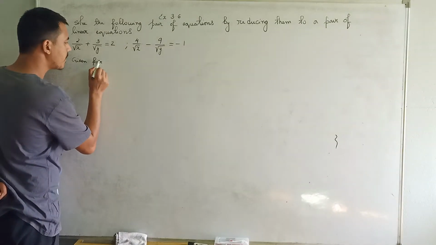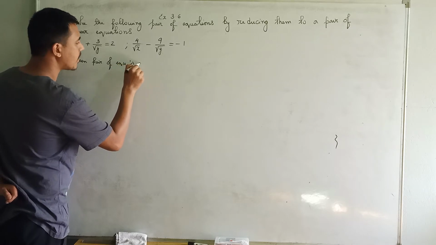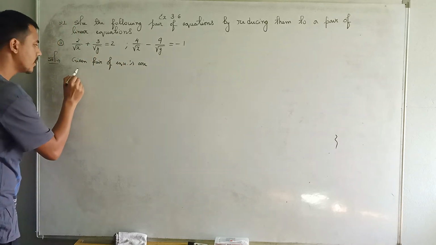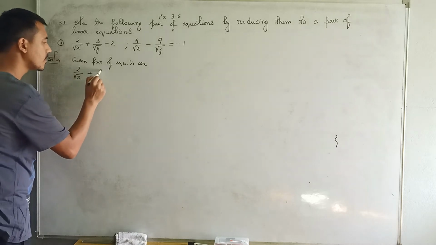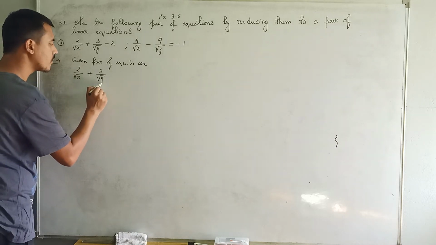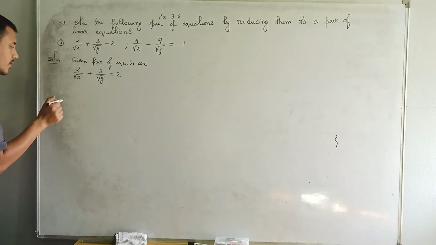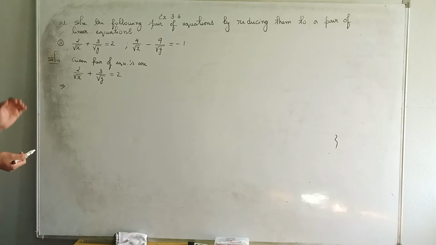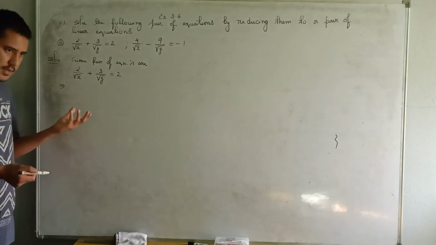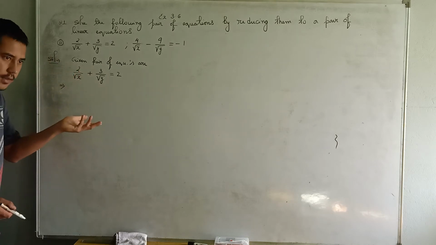Your given pair of equations are 2 upon square root of x plus 3 upon square root of y is equal to 2. This is your first given equation. Here your variable is x, and the power of x is not 1, so it's not linear.